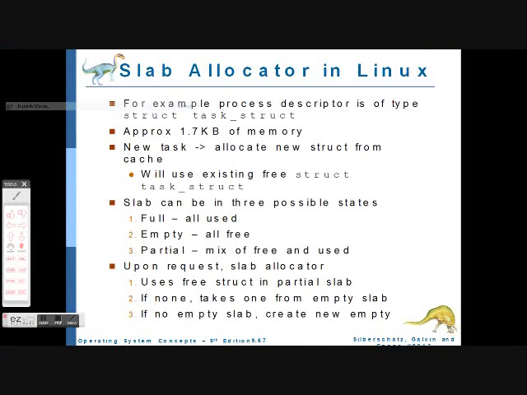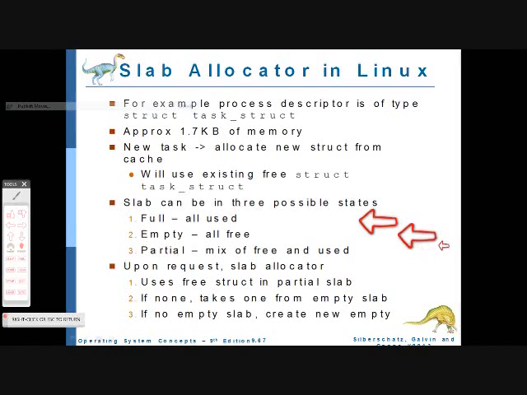Another, I have discussed earlier that a slab allocator categorizes its slabs into three. One is full, when a slab is fully used by a process; empty, if the slab is free and not used by any process; and partial, if the slab is composed of a part that is used by a process and a part that is free of any process.